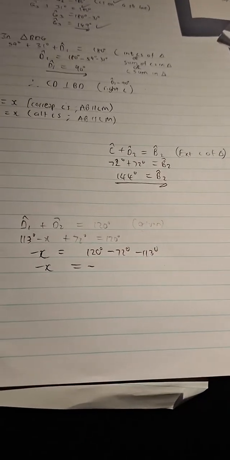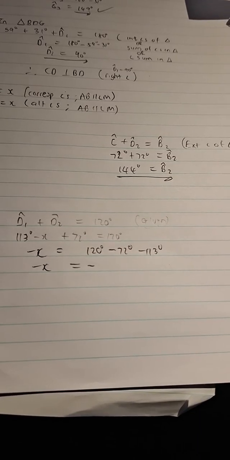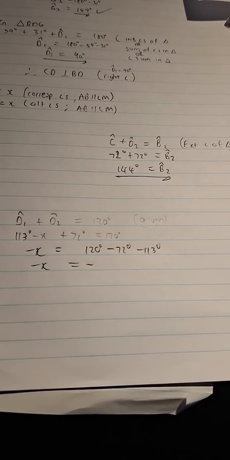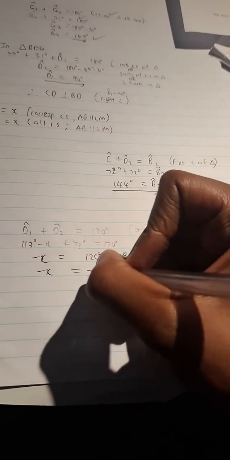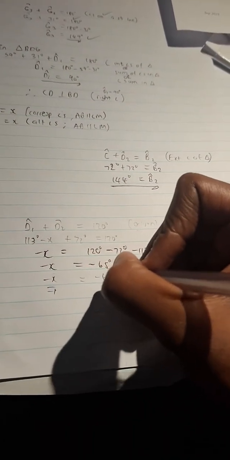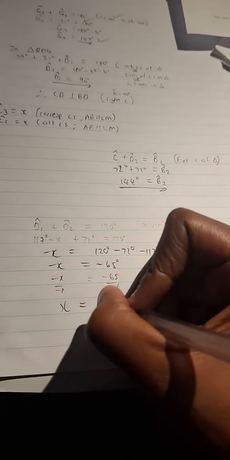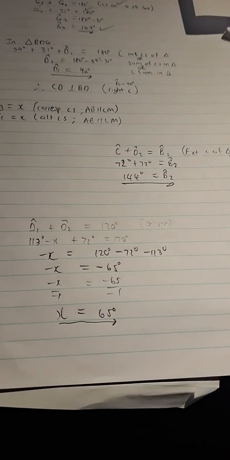What is it, guys? 120 minus 72 minus 113. Negative 65, thank you. And then you divide both sides, guys, by negative 1. So you get x is equal to what? 65 degrees. So there it is, x is 65.